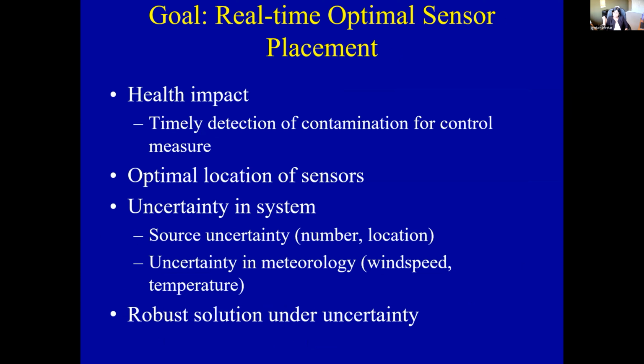Where we had uncertainty, remember, the number of automobiles at a particular location changes, as well as the location of the sources changes. The other thing is that uncertainty in meteorology also changes: wind speed, temperature, etc. So we want to find the location of the sensors which are robust under this uncertainty. Again, an optimization under uncertainty.